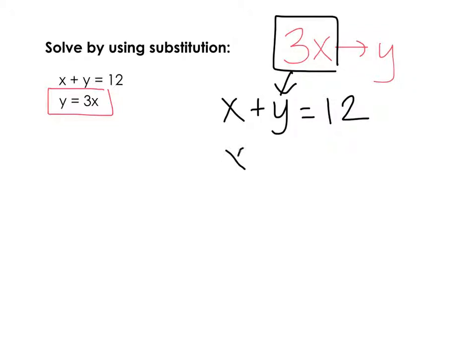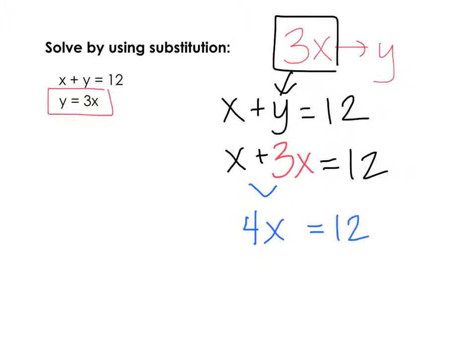That means I get x plus 3x equals 12. Again, I'll try to combine any like terms I can. X and 3x can combine to give me 4x equals 12. And now I can divide by 4 and figure out x is equal to 3.